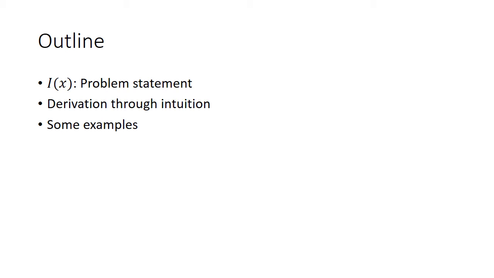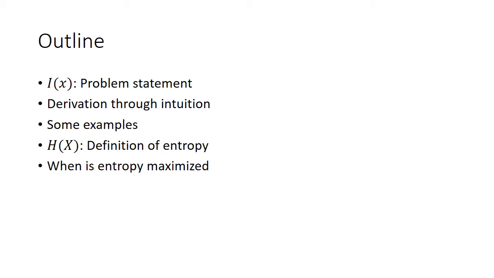Then we'll be discussing a couple more examples in which we will actually find the value of the information expression. And we'll use those examples to come up with a new concept, basically entropy. We will define the concept of entropy, and explain it through those examples. We'll also talk about how entropy is maximized, when we can maximize entropy, and then we'll conclude. So that's the overall outline of this presentation.